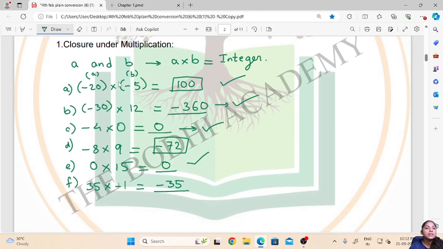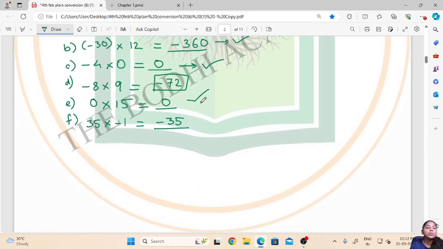So here we can see that the closure under multiplication property is verified, since for any two integers a and b, the product a multiplied by b is always an integer.